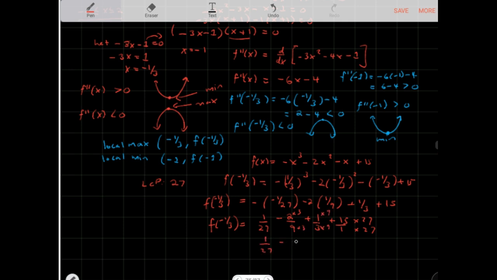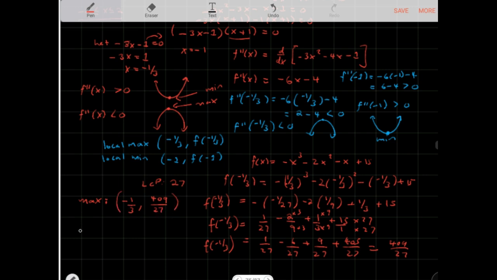It's negative 1/27 minus 6/27 plus 9/27 plus 15, and 15 times 27 is 405 over 27. And if we crunch this out, we basically get 409 over 27. Okay, so your maximum point of the roller coaster occurs at negative 1/3 and 409 over 27.